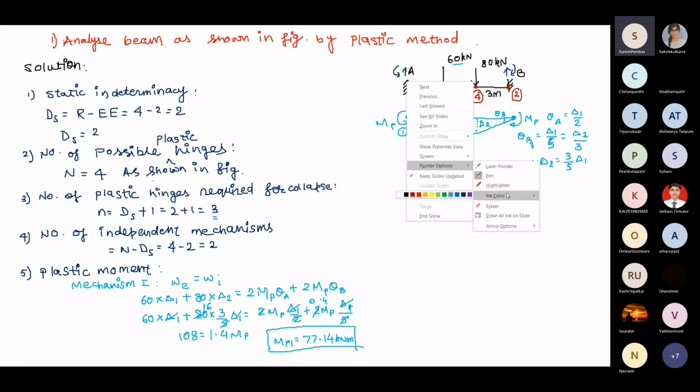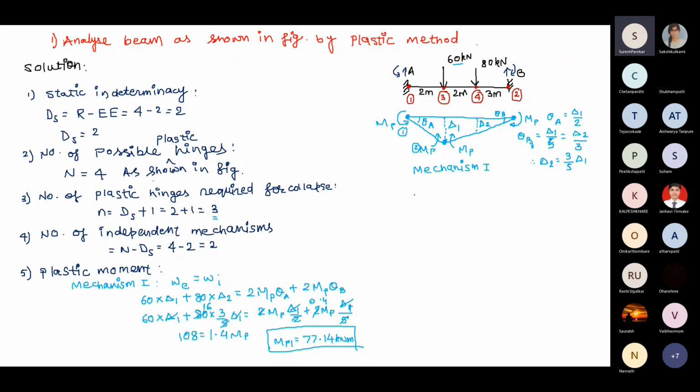When we have this hinge which will be under 60, now we will say it will be under 80. कारण 4 hinge फॉर्मच होणार नहीं है. It will collapse at 3rd hinge, after 3rd hinge only, and we have to see where hinge will be formed, under 60 or under 80.